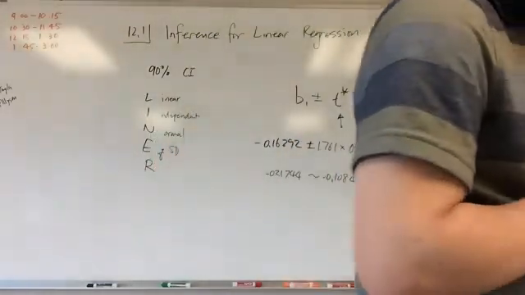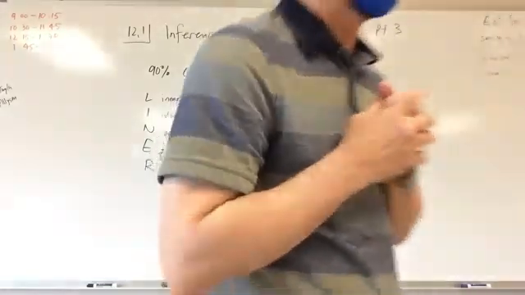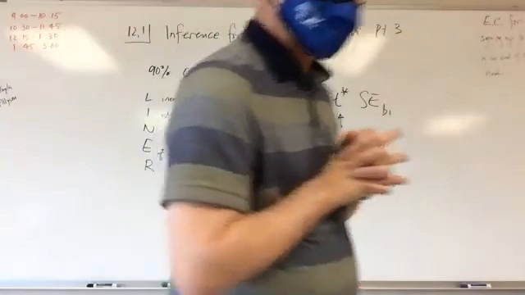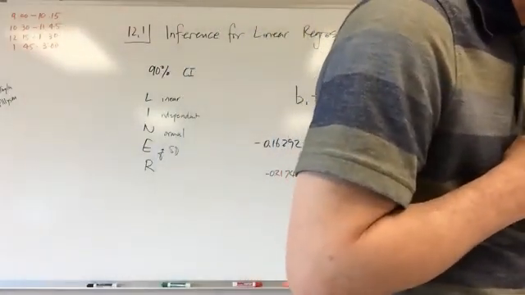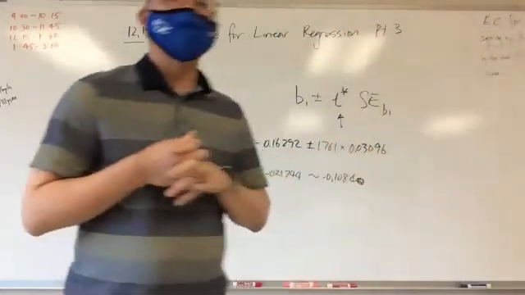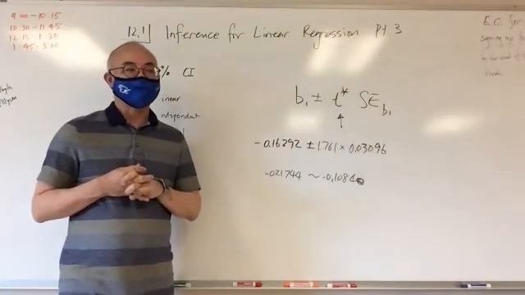Okay? All right. So on page 781, it tells you how to do this in your calculator. It says that we will go to STAT and TESTS, and then you'll look for the LinRegTInt test. That's the test that you would use.